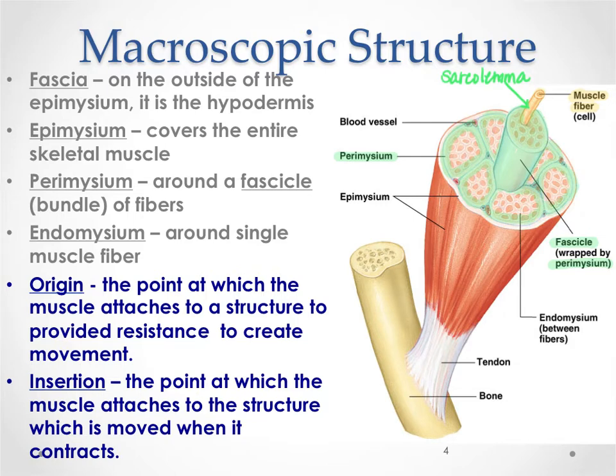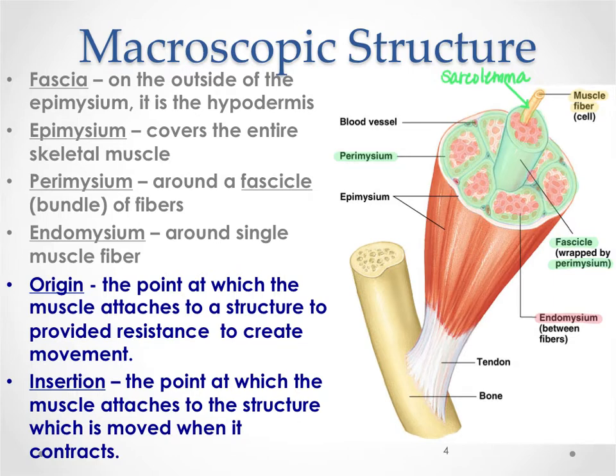Okay? Now, in between the muscle fibers, we have yet another layer, or another tissue. It's called the endomysium. So the endomysium is in here in between all of these muscle fibers. We have endomysium in here. We have endomysium in here. So all of these are called the endomysium.